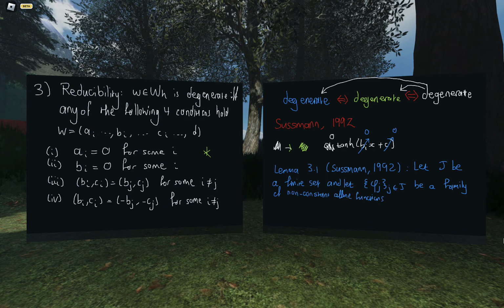So that's the kind of thing that you apply before the activation function. It's like b_i times x plus c, and so this is kind of a code for a b_i and a c_i. Anyway, non-constant affine functions on the appropriate input domain, no two of which are sign equivalent.